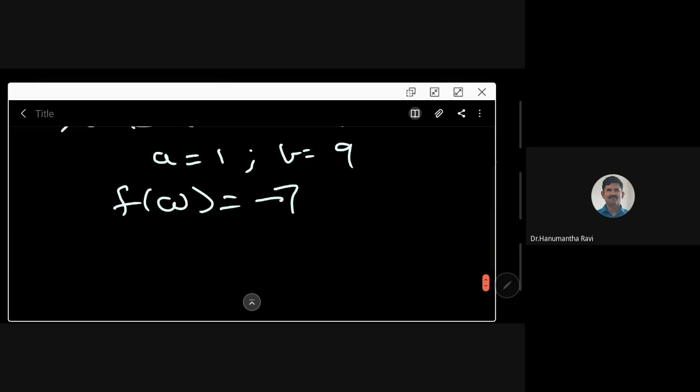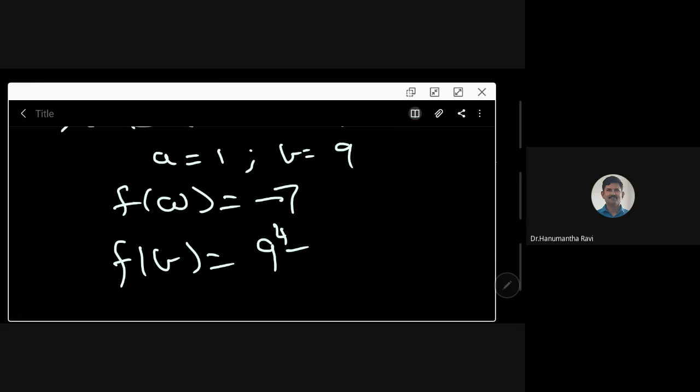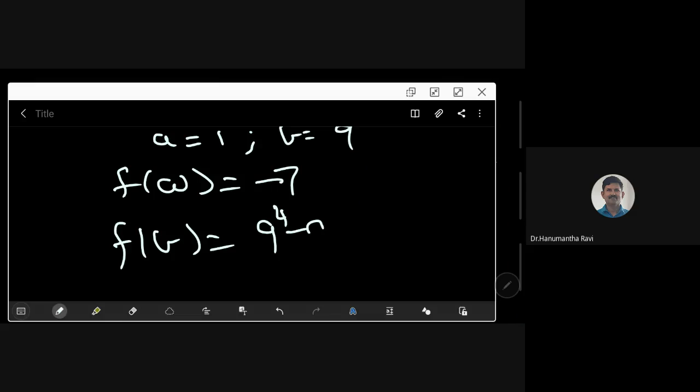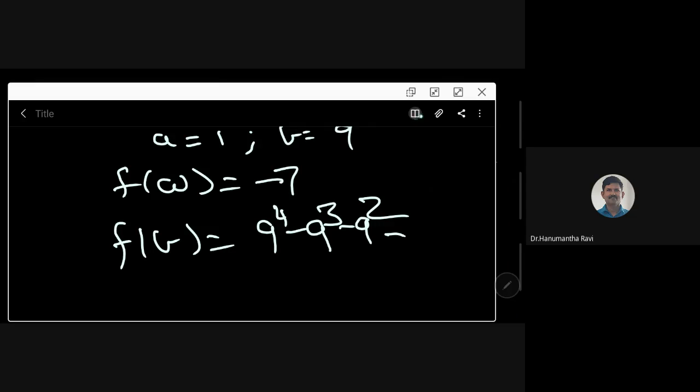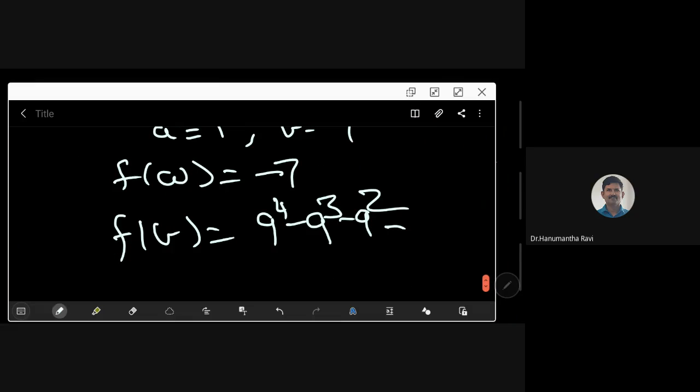I want to find what is f of 9, which means 9 power 4 minus 9 cube minus 9 square minus 4. Okay, this value I need to calculate.